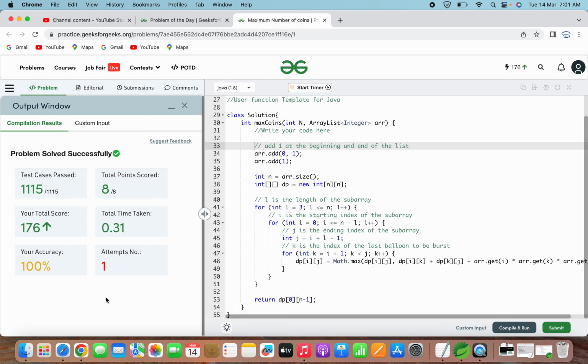So the time complexity becomes big O of n cube. The space complexity is big O of n square, where n is the length of the input array list, and we are using a 2D matrix DP of size n into n to store the results of subproblems.